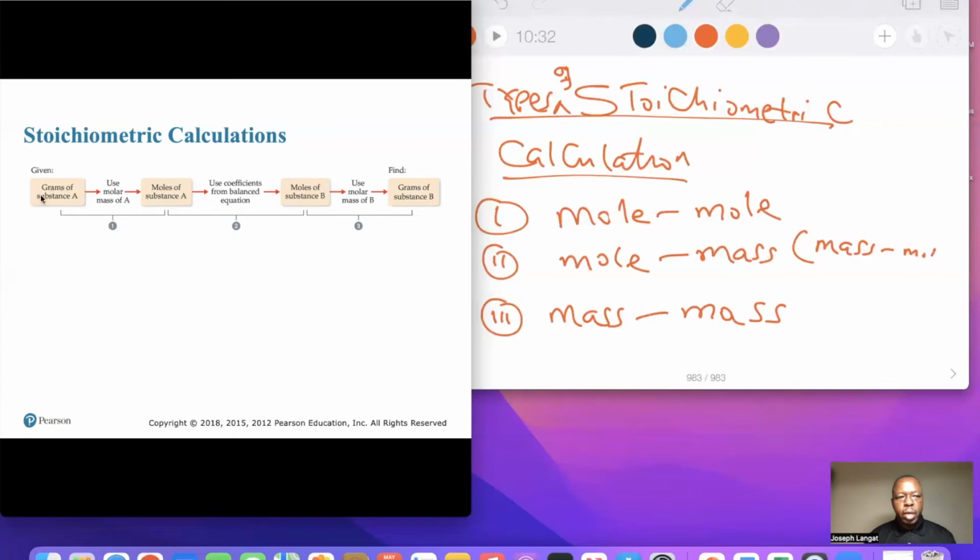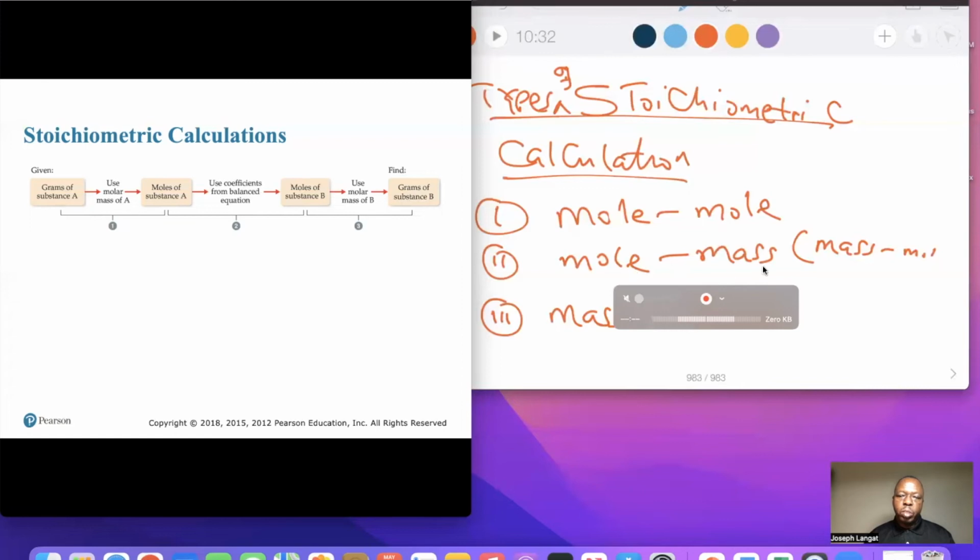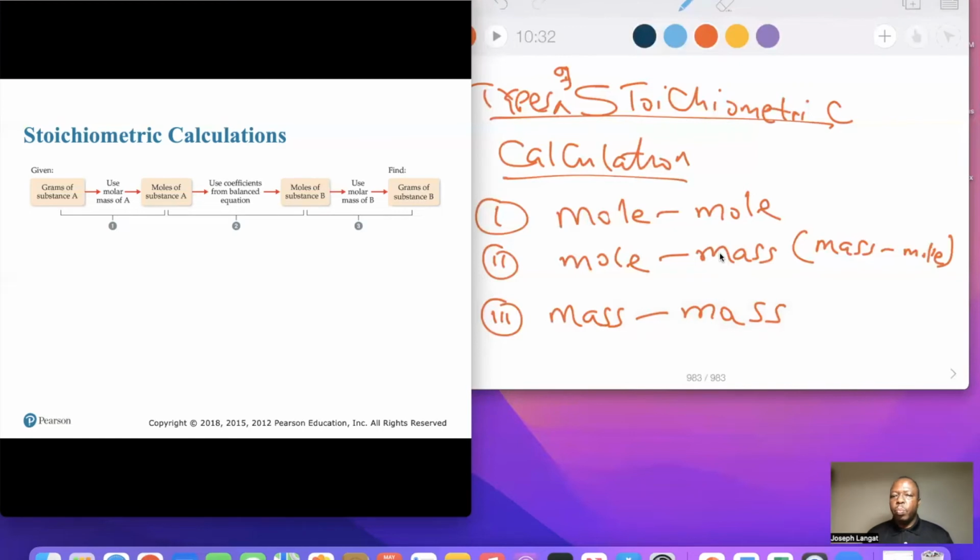That means you are starting with the mass of A and you are asked to find the mass of B. This is the longest one. I'll have other resources to show you how to proceed with mole to mass or mass to mole. It's the same thing here. Mole to mole is just the coefficient in the balanced equation.